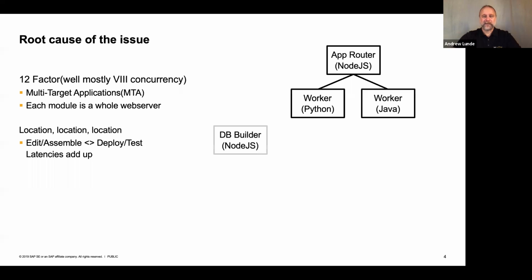Another thing to consider in the methodology is how SAP does database, how it instantiates database artifacts. If your application needs a database of some sort, HANA is the one that we like to use, then you need a way to get that database built up, the schema, the objects created.